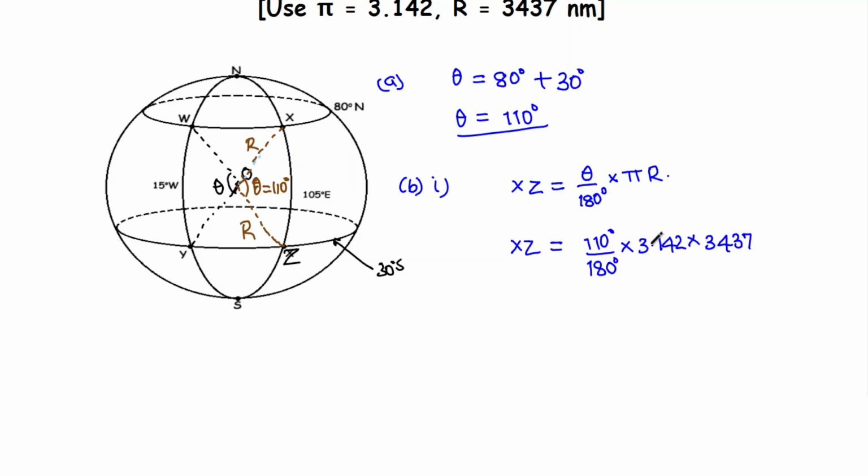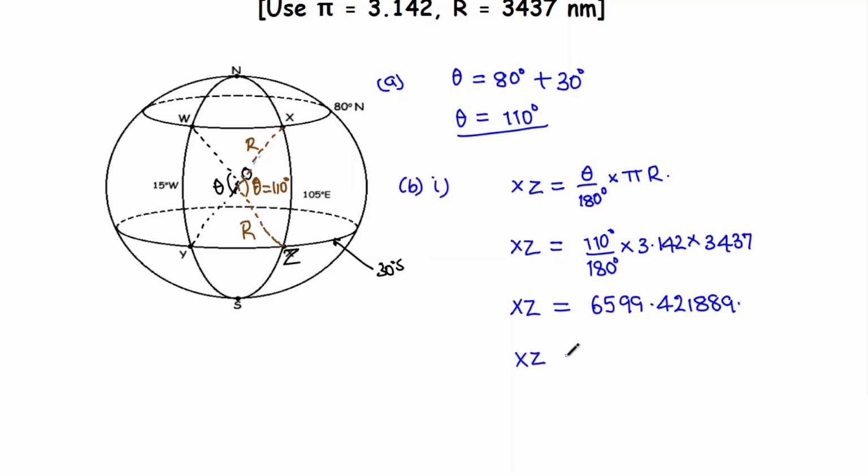Let's get our calculator, enter everything there, and we find the answer. The distance XZ is equivalent to 6,000 and so on. Let us write this to 3 significant figures, counting 1, 2, 3. We round the 9 up, making it 0, and adding 1 to this, making it 6.